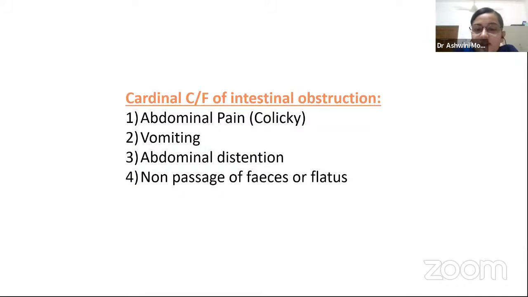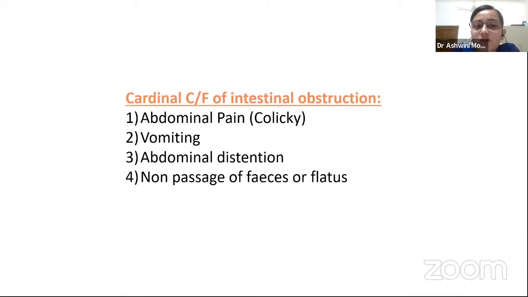You can easily understand this: if there is an obstruction and the intestinal bowel is getting distended, first of all the bowel will try to release the obstruction. So there will be high peristalsis that will cause colicky abdominal pain. If it is a proximal obstruction, there will be vomiting also, as I said before.